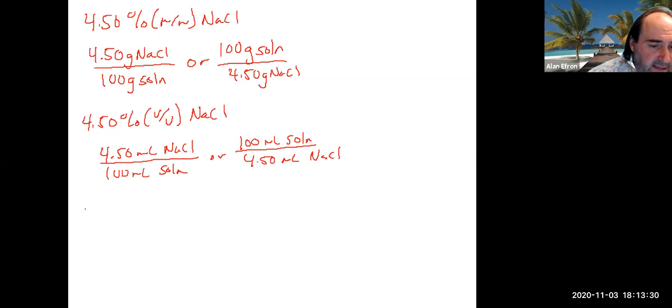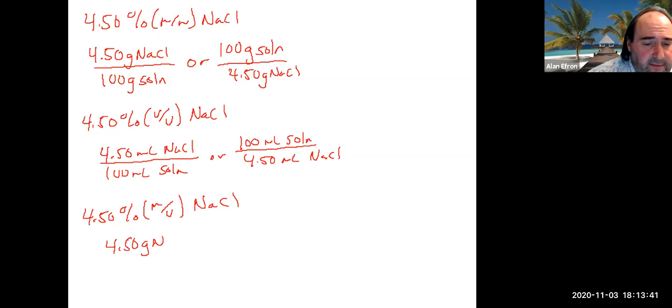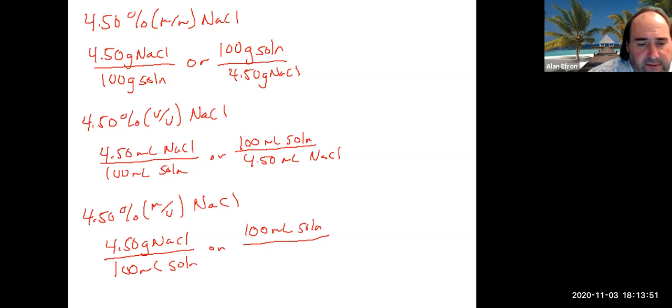And lastly, if you had something like the 4.5% mass to volume sodium chloride solution, that basically means that you have 4.5 grams of sodium chloride in 100 milliliters of solution. Or again, you can flip it around and use it the opposite way: 100 milliliters of solution is 4.5 grams of sodium chloride.